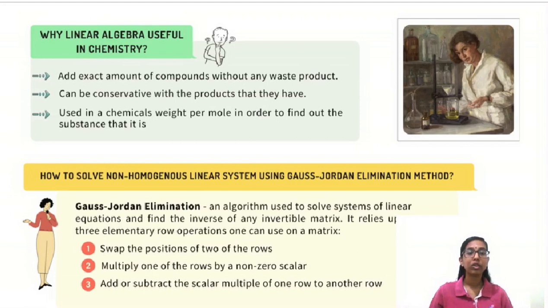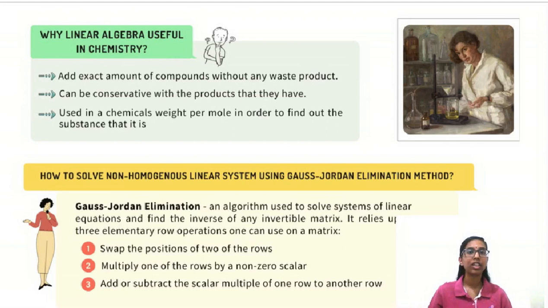Besides that, they can be conservative with the products that they have. Furthermore, it can also be used to find a chemical's weight per mole in order to find out what substance it is.